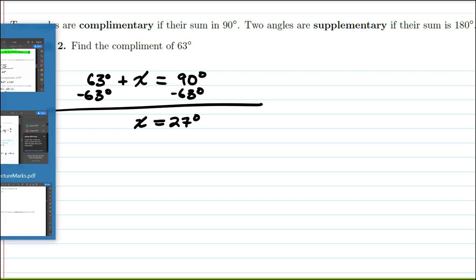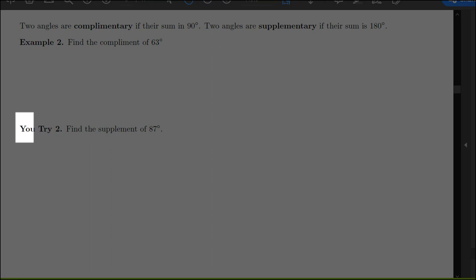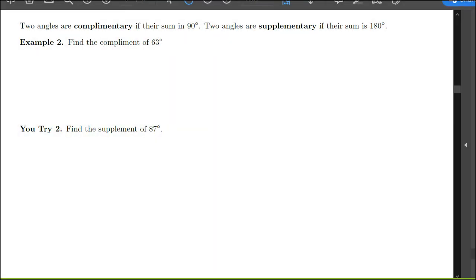All right, the next one's for you guys. We're not going to go into rooms for this one. So go ahead and find the supplement of 87 degrees.